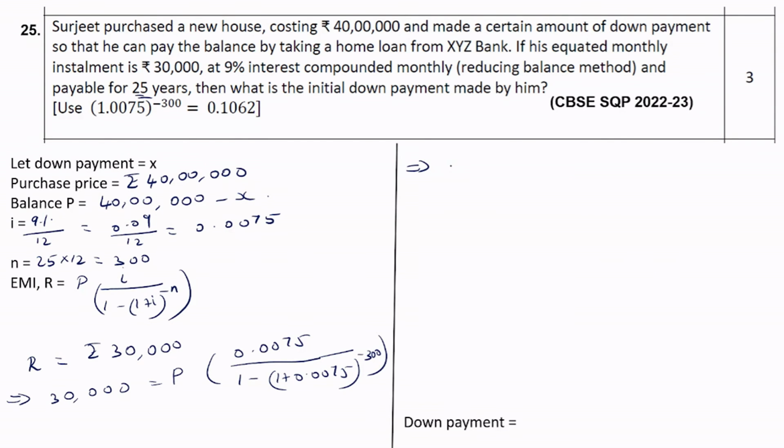So this implies P equal to, so from here we have 30,000 into, if we cross multiply this, 1 minus 1.0075 the whole raised to minus 300 will go to the other side.